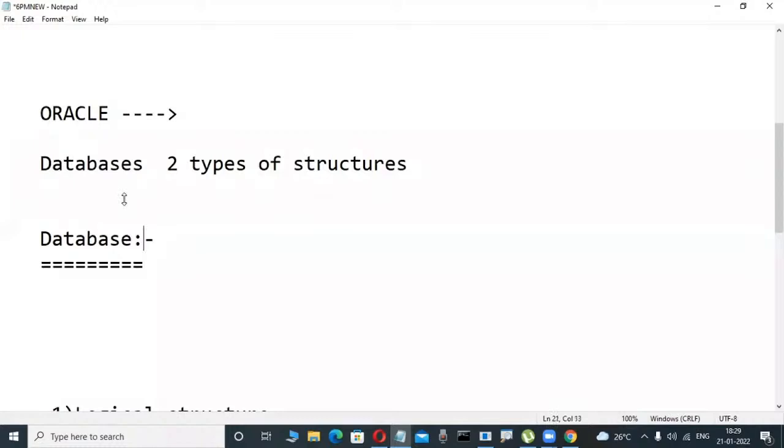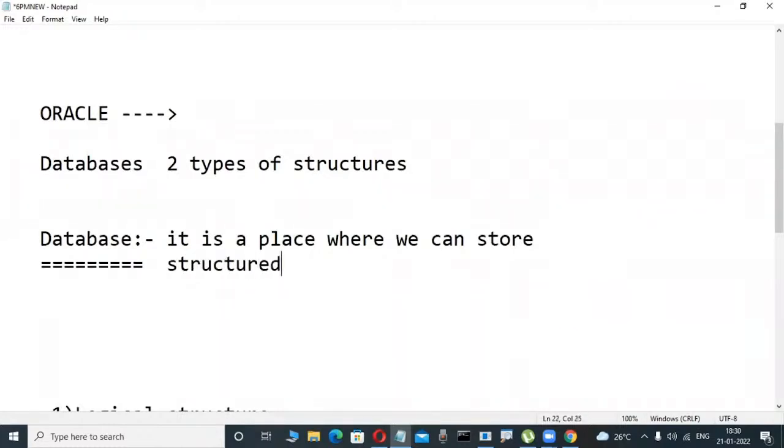Anybody observing in Google or in books, it is a place, don't read it. It is a place in a computer system where we can store a structured collection of data. They are telling only that we can store a structured collection of data.